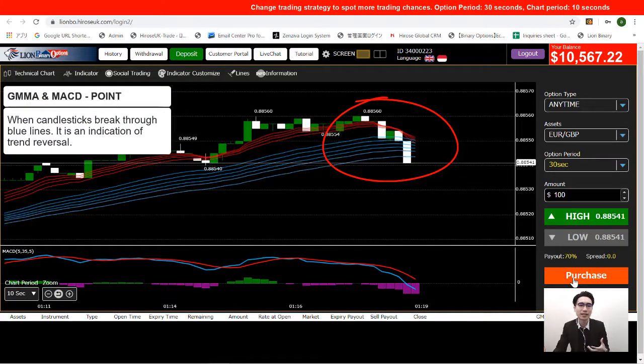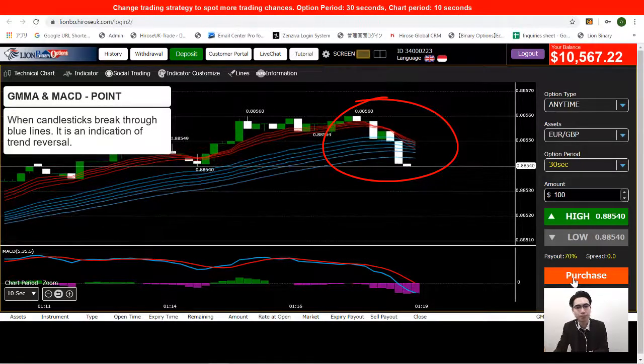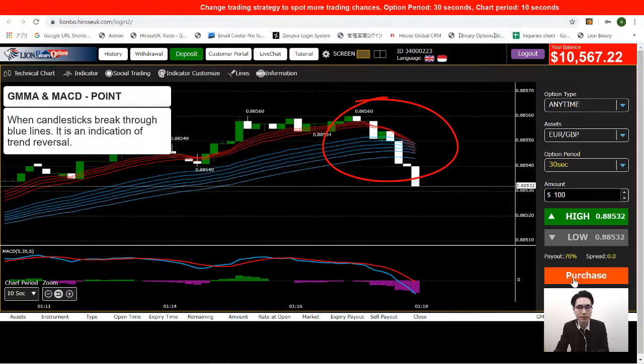That means for this particular currency pair, I think a trend reversal is on the way. So I will not use the GMMA and MACD to trade this currency pair.